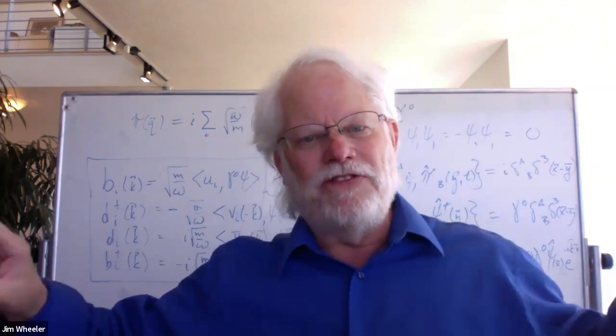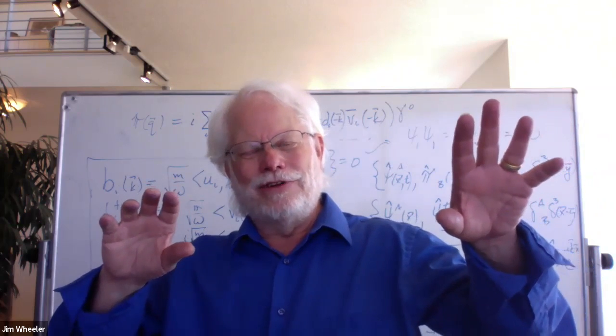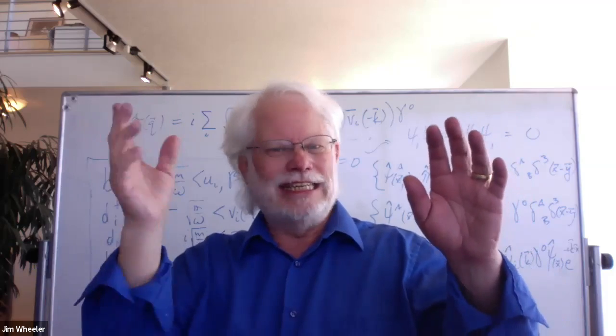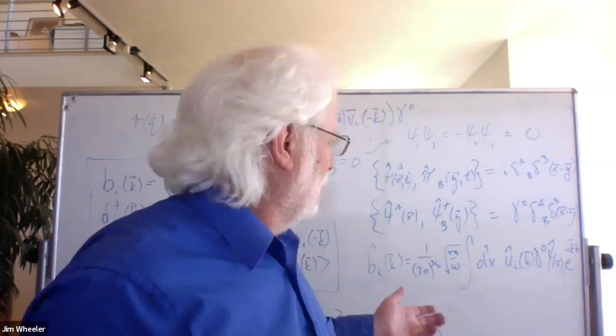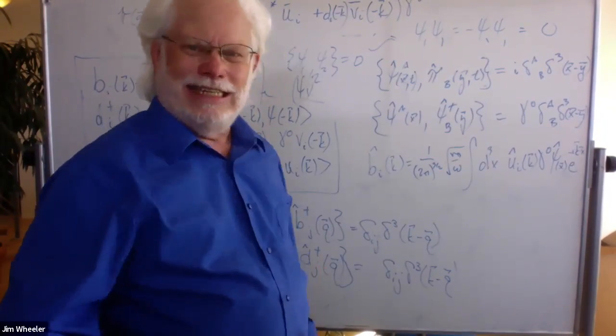If you look at just the field, so you've got an annihilation of a particle coupled to a creation of an antiparticle. That conserves charge, right? It wouldn't conserve charge if you interchange d and d dagger, right? I mean, you look at this, you think, oh, well, I could just call d dagger d and d dagger d.